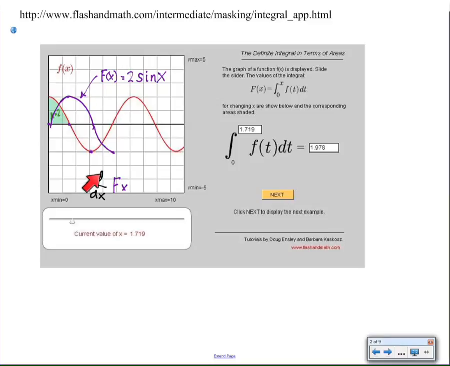Going back down over here, if I take the derivative of f of x, it's the derivative of 2 times the sine of x, which is 2 times the cosine of x, the function I started with. So once again, we see the same truth being said over and over. We define our function as an area function, and then when we take its derivative, we're back to the original function in terms of x.